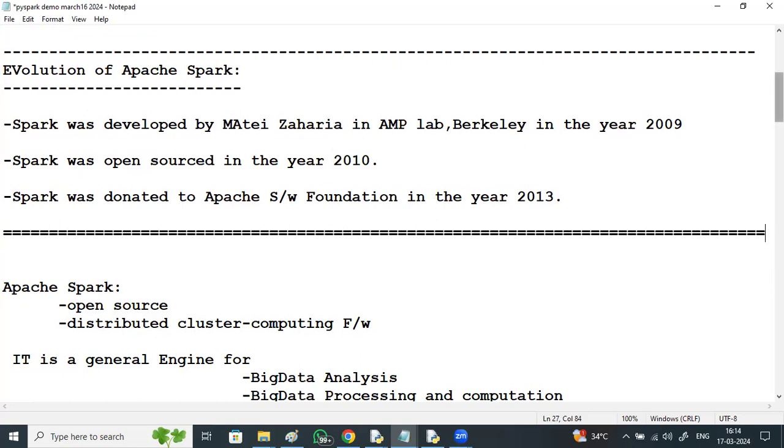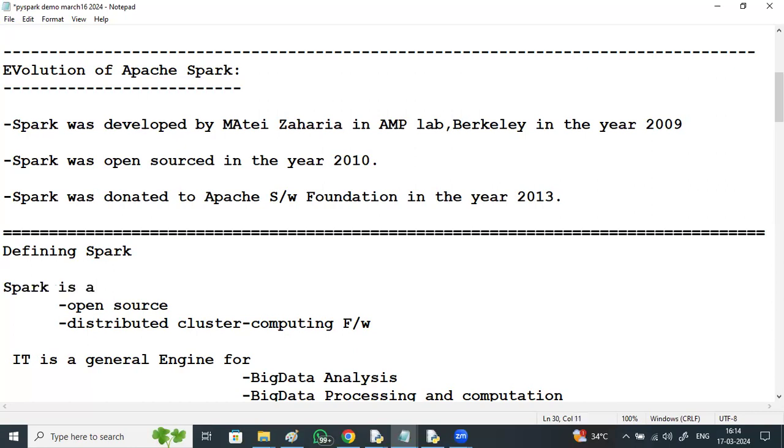Defining Spark. So why Spark? Let me define Spark in a few lines.